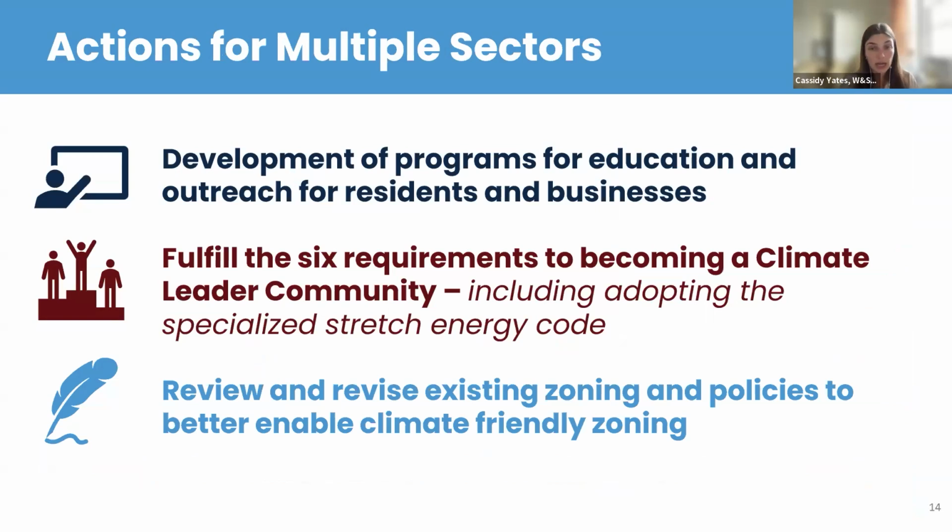This is a very general action recognizing that the town of Millis can support residents and businesses in this transition to net zero through a variety of ways, including policy, programs, projects. So this high-level action sets the stage for that and will provide examples in the plan of what some of those projects or policies could look like, but generally recognizing that the town needs to support residents and businesses.